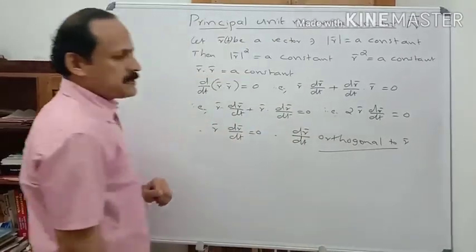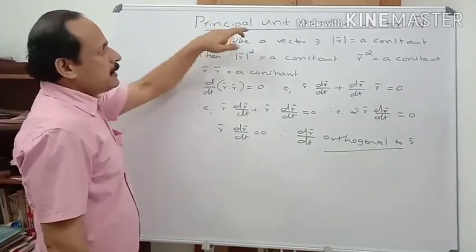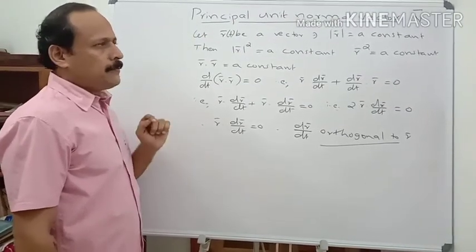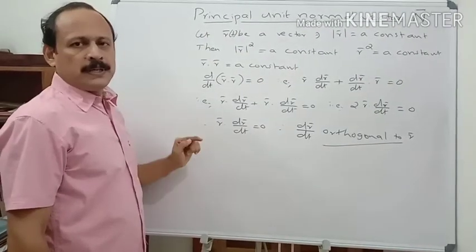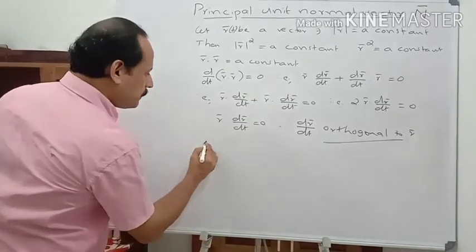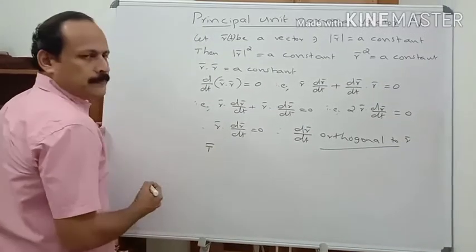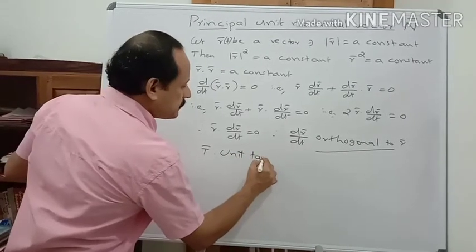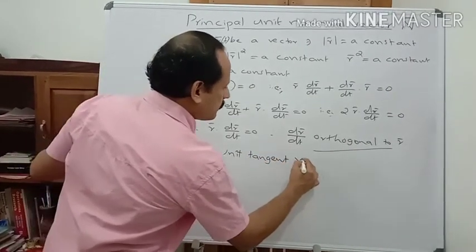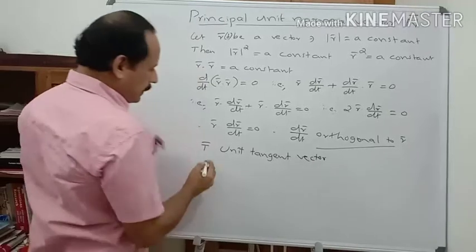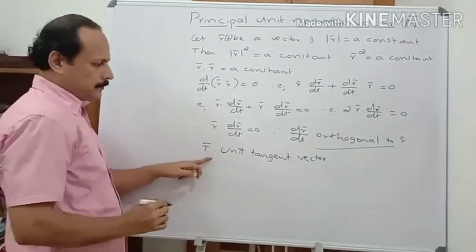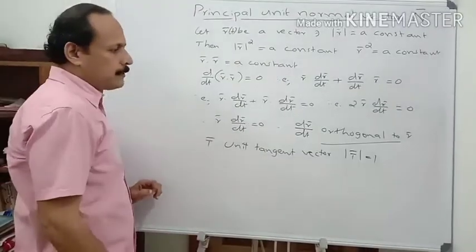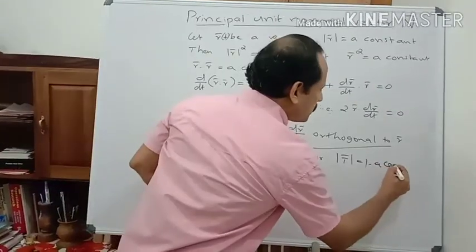We use this result to define the principal unit normal vector n bar via the unit tangent vector t bar. You know t bar is the unit tangent vector, therefore mod t bar equal to 1, which is a constant.